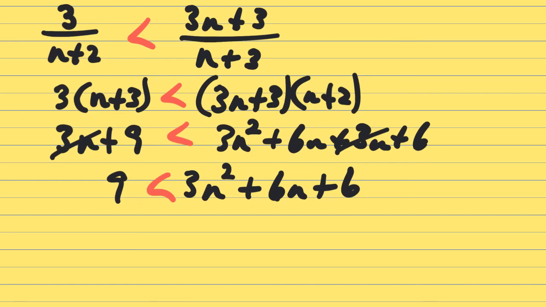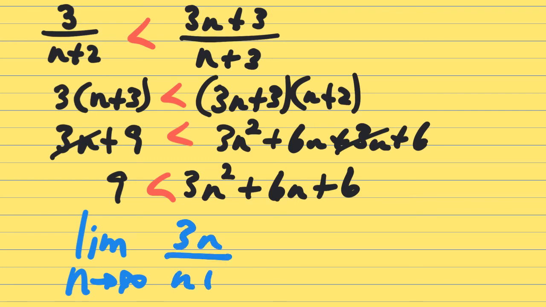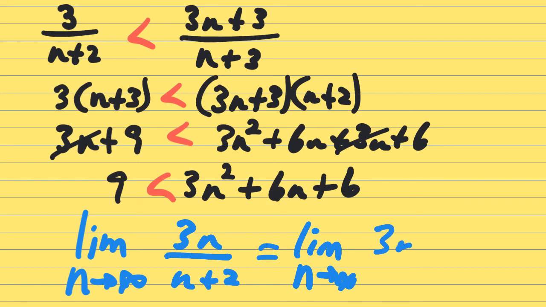Now, if we go back and take the limit over n plus 2, once n gets really large, the plus 2 on bottom doesn't amount to much, so you get 3n over n.